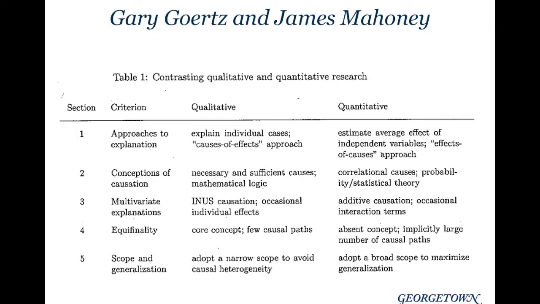Okay, so that's just a long way of saying that case study researchers think of different combinations of variables and how they work together. Whereas quantitative researchers tend to think in terms of additive causation, they typically don't model what's called an interaction term. An interaction term is when you think the effect of one variable depends on the values of other variables. So let's take a simple example.